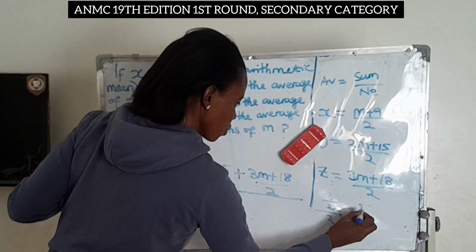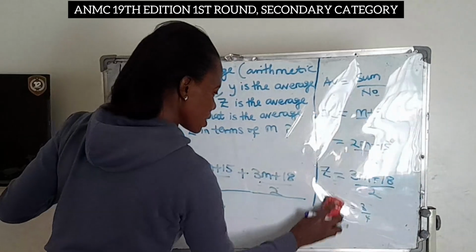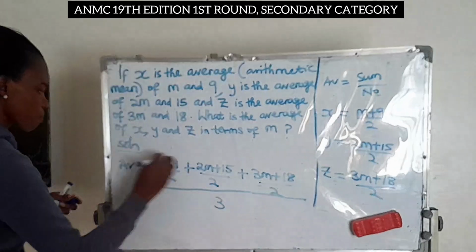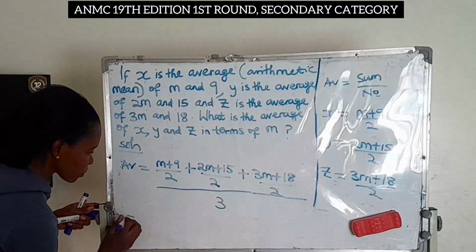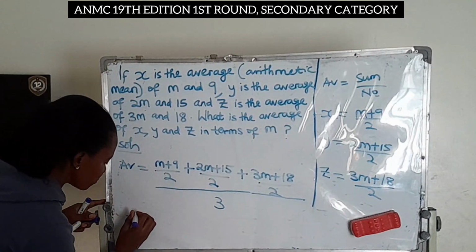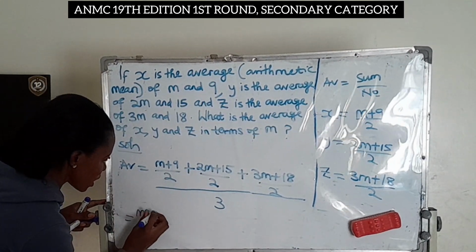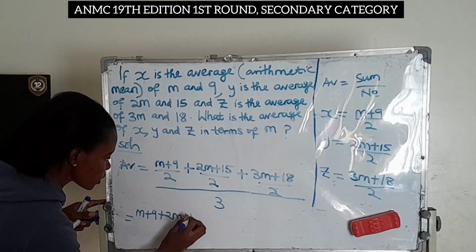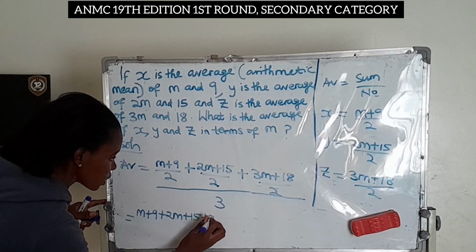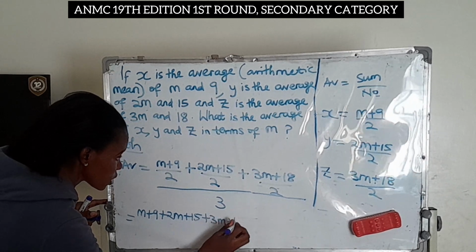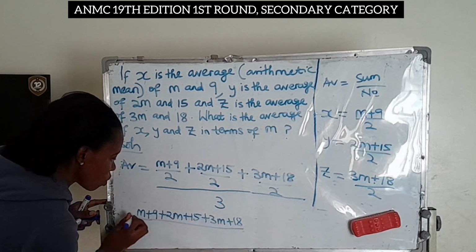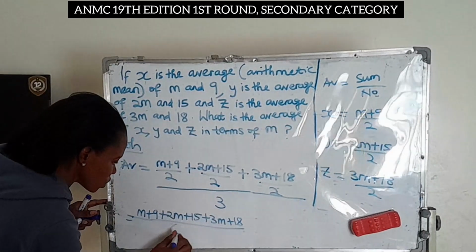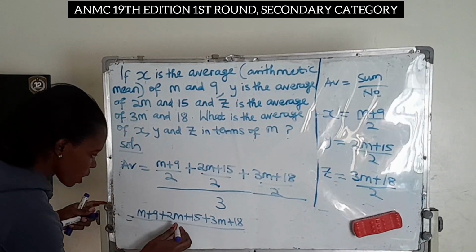I will use that knowledge here, so that I have m plus 9 plus 2m plus 15 plus 3m plus 18, all over the whole of these two, 2 times 3 to give me 6. Okay, so I have this.